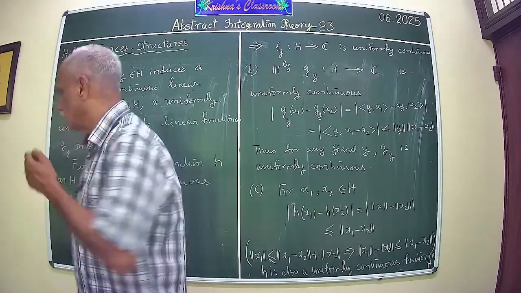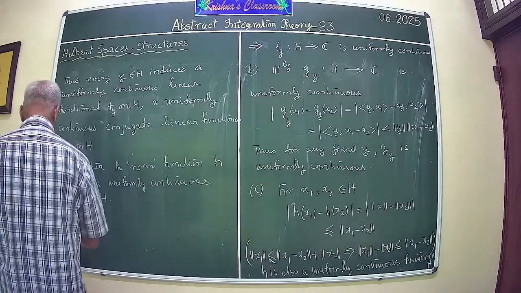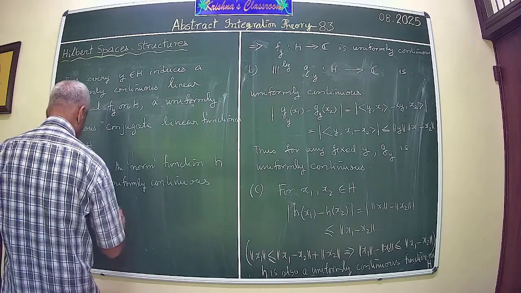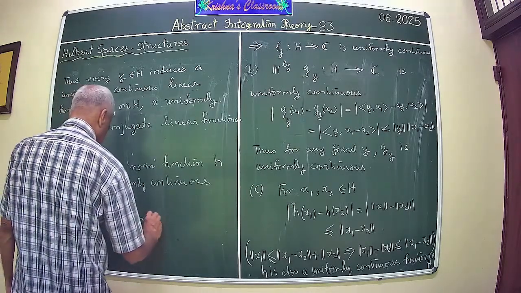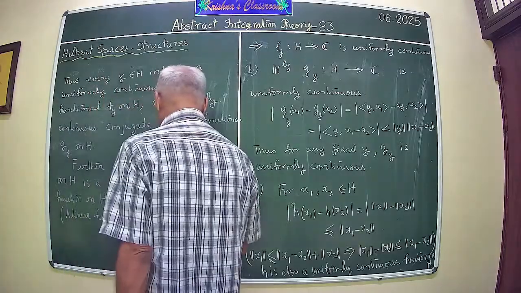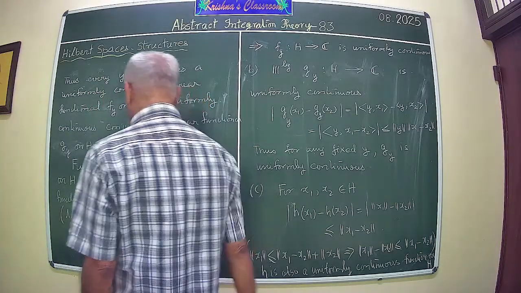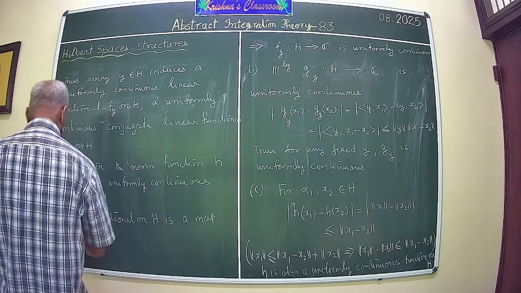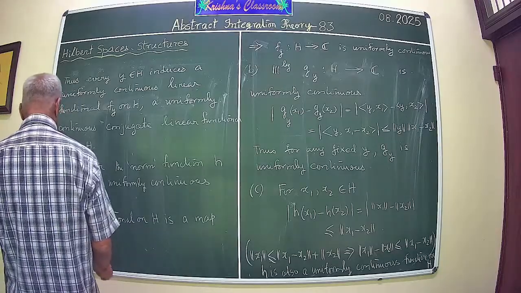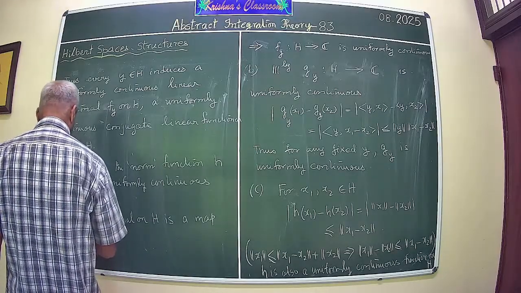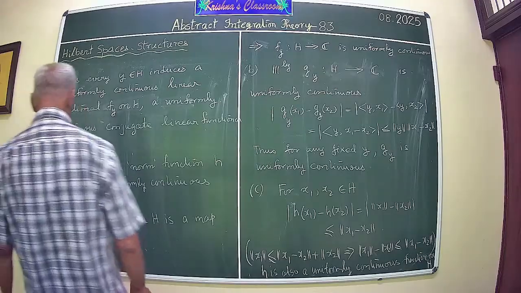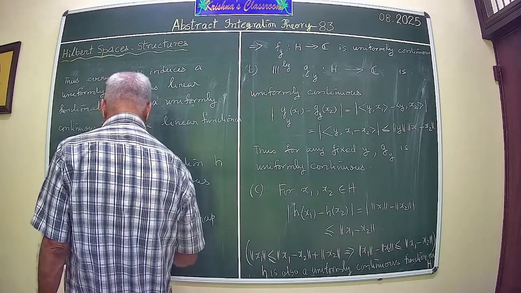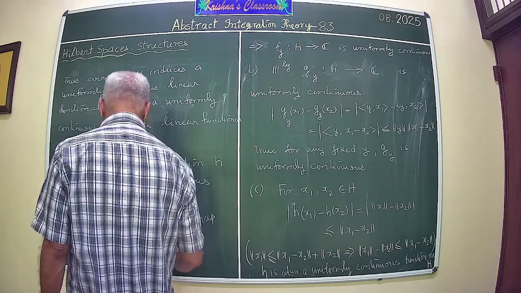A linear functional is a map F from H to C which is linear.